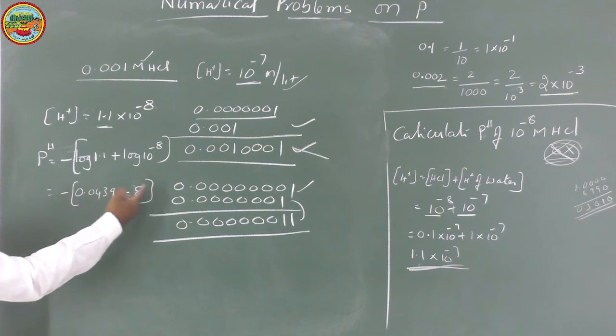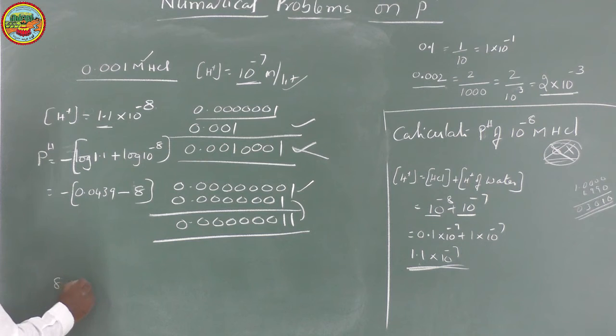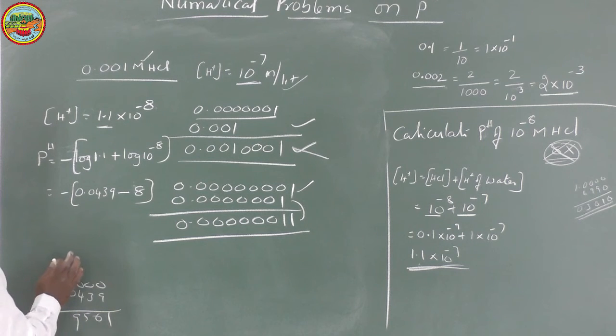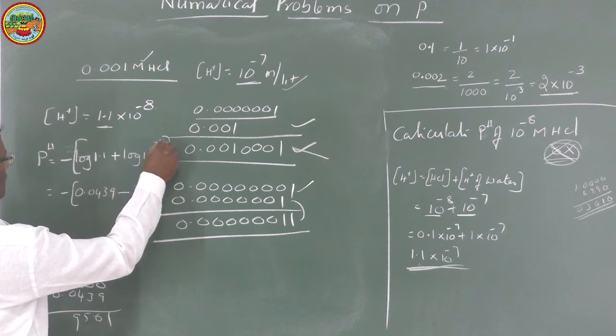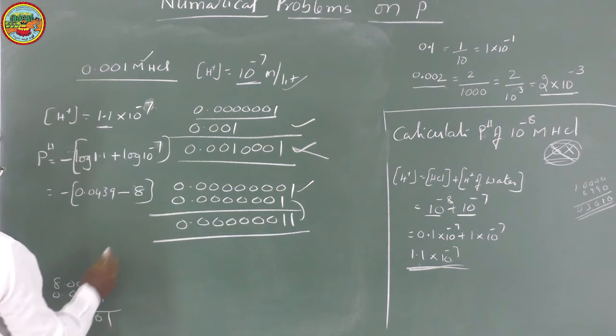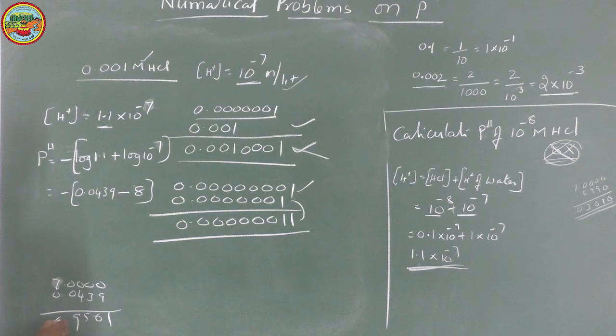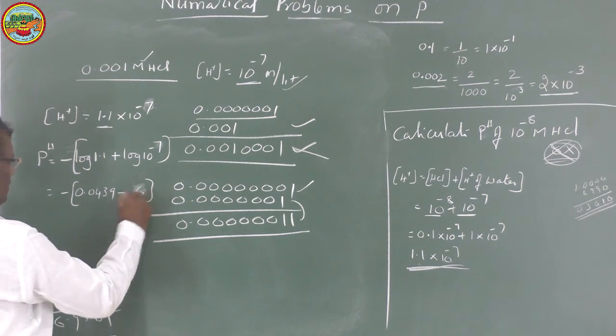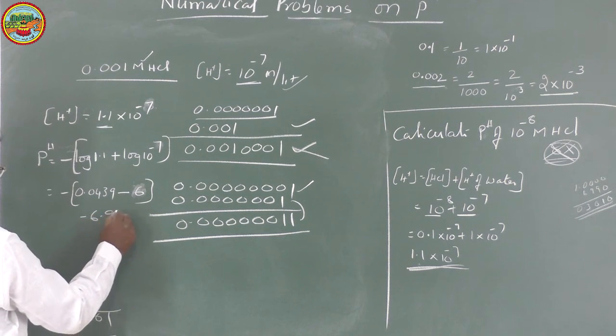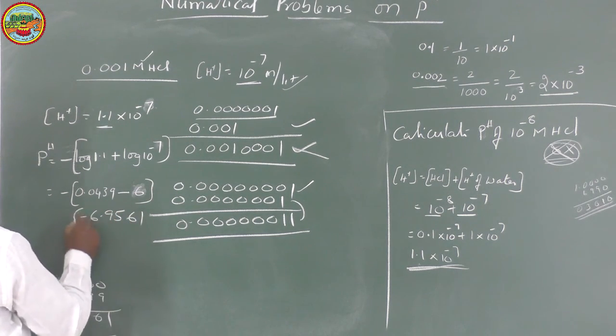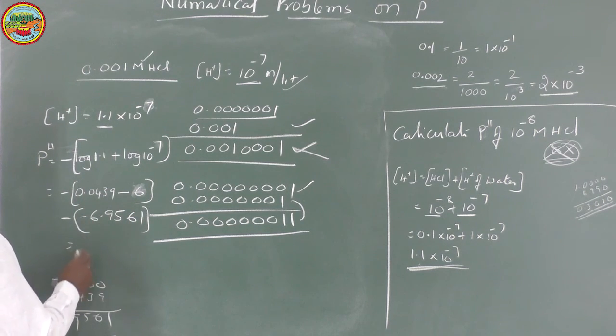If you subtract this, it will be minus 6.9586, minus of minus will be equal to plus.